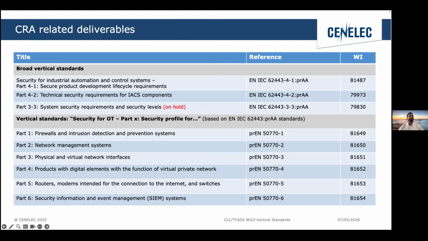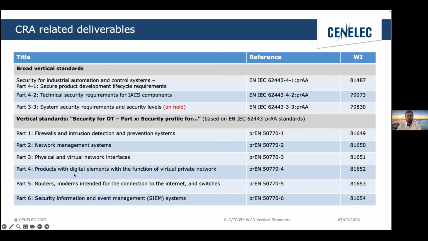And if you take the list of deliverables from TC65X working group 3, these are the things. Broad verticals, as I mentioned, 4-1, prAA, and 4-2, and also 3-3, which is planned, which is not for the standardization request, but is currently on hold.